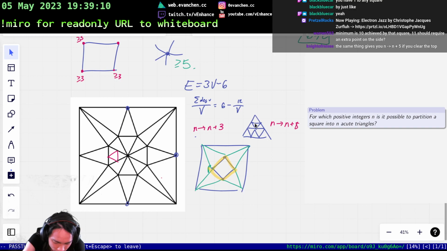The same thing gives you n to n plus 5 if you clear the top. Oh, that's a good point. Yeah, I don't need to dissect the top.